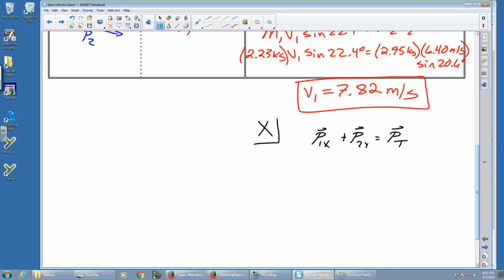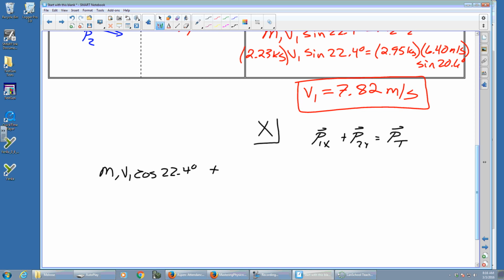So we would have M1 V1 cosine 22.4 degrees. We're going to take as much room as we can.